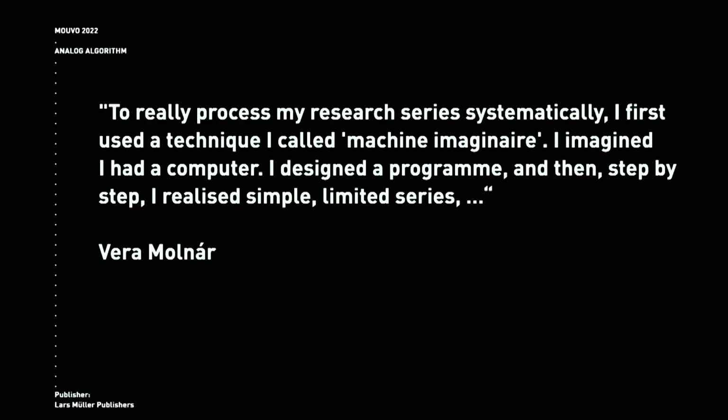The approach to this book, Analog Algorithm, I gave myself the dogma not to use any computer-generated output. This was quite funny because I was addressed by Pentagram New York to give them the Git repository for the book, but I said I can give you an open InDesign file where you can pick out all the vectors, because I really have done everything by hand to understand the process.